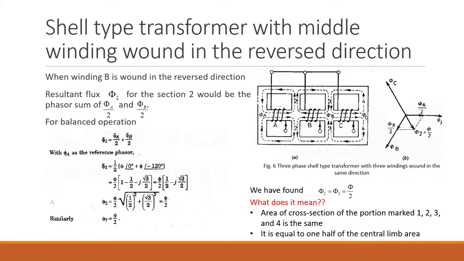So what we understood here, we can conclude that the area of cross section of portions 1, 2, 3 will remain the same. The core area utilized for all the sections will be the same, equal to 1/2 of the central limb area.